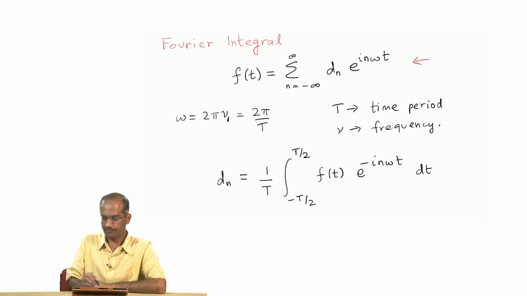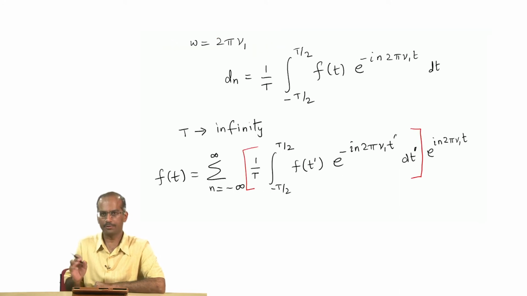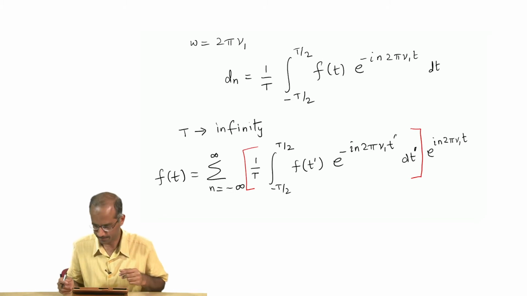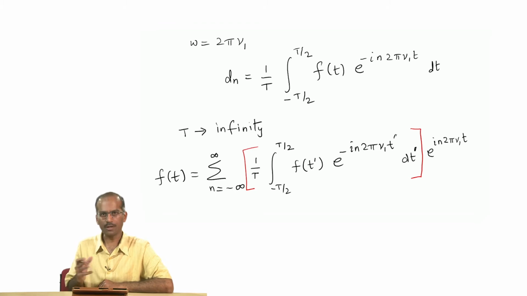Since f of t involves this e power i n omega t, I need to differentiate that t from the t that would occur in the definition of d n, and hence I have put t prime here. It should not matter because t prime is simply a local variable, or what would often be called a dummy variable.